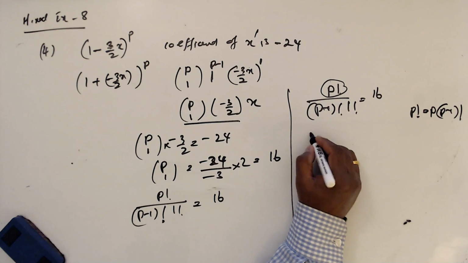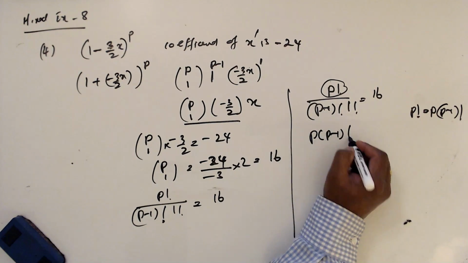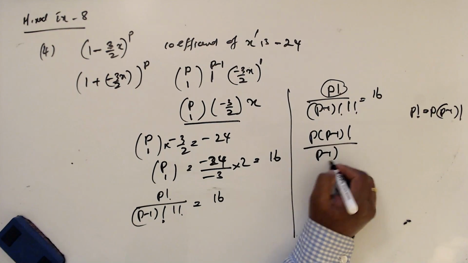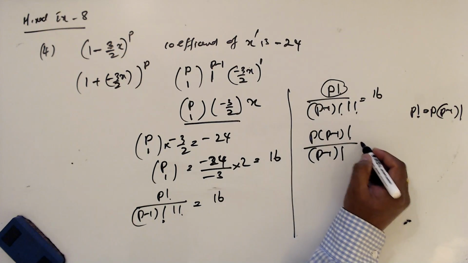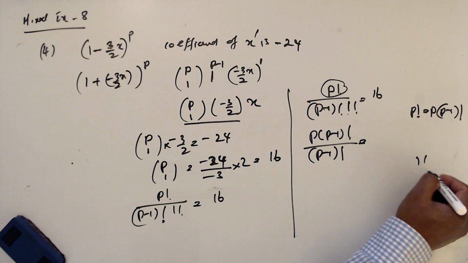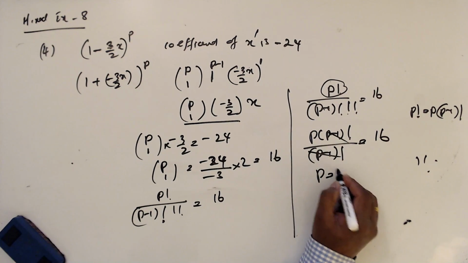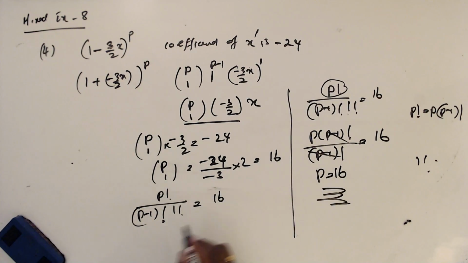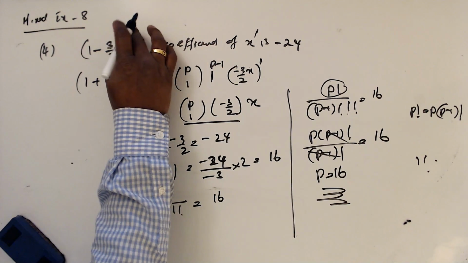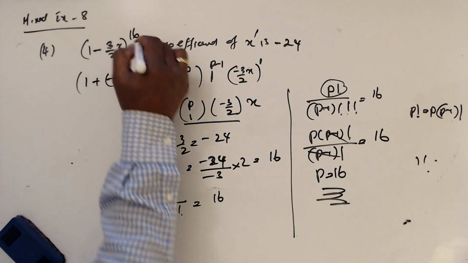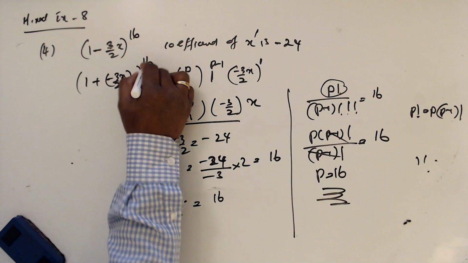So this is p times p minus 1 factorial over p minus 1 factorial. Factorial 1 is 1, so I'm not going to write it. So this cancels out. p equals 16. Now you know the expansion.